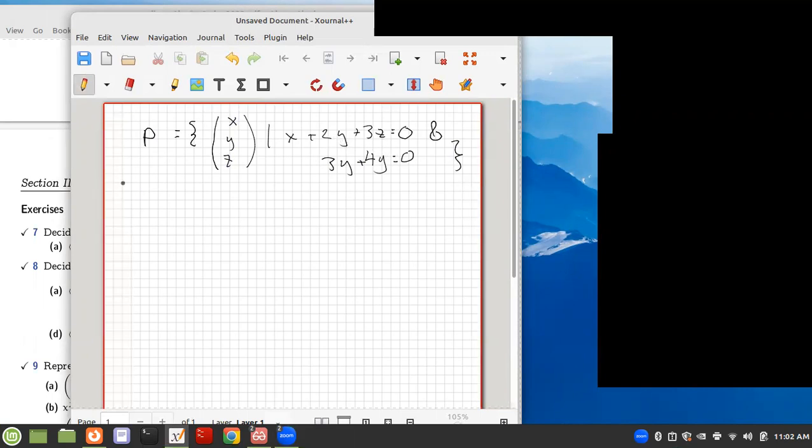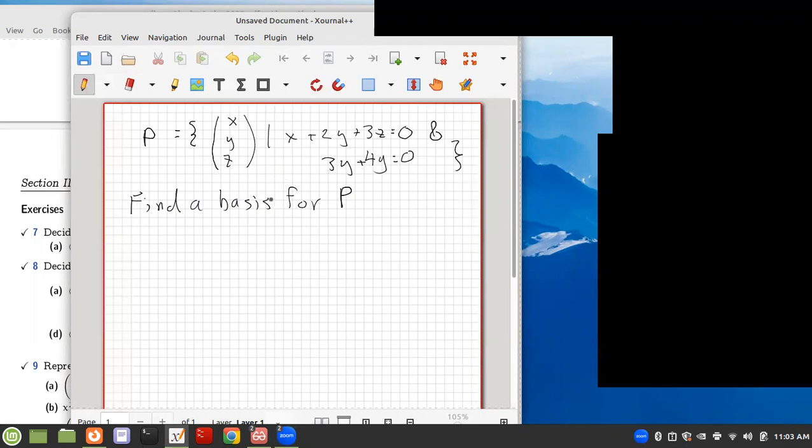So one of the first goals would be to find, or one question we ask about this is, find a basis for P. Okay. And linear possibility. Excuse me?